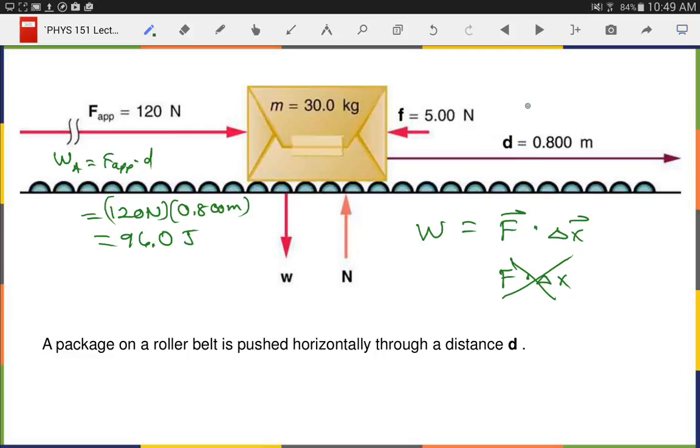The work done by the force of friction, minus, because they're anti-parallel, as Haley said, my force of 5.00 newtons times 0.800 meters. Sorry, I ran out of space there. Equals minus 4.00 joules.